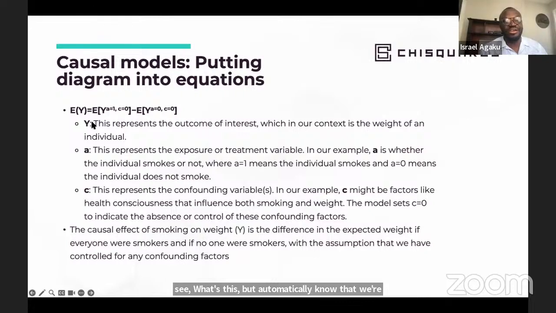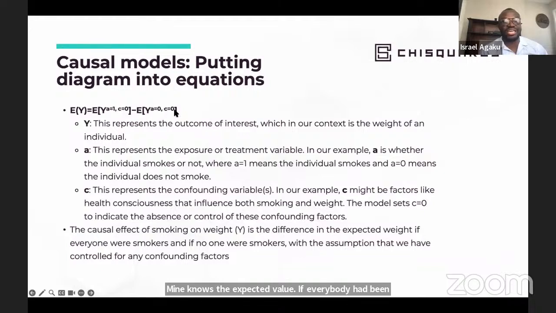Here we are saying that the expected outcome Y^(a=1), remember A is the exposure, Y is the outcome, and C is covariate, if everybody had been exposed, minus the expected value if everybody had been unexposed.